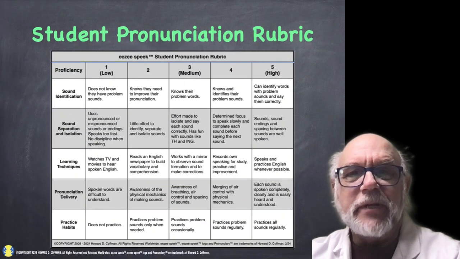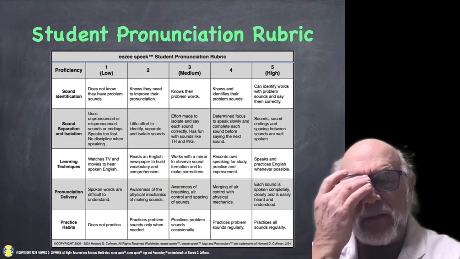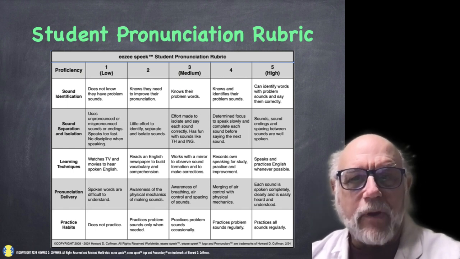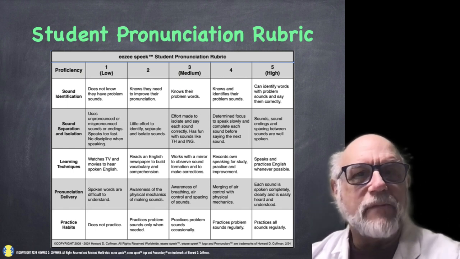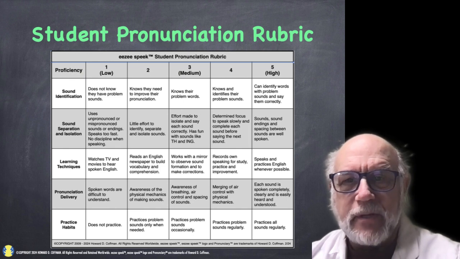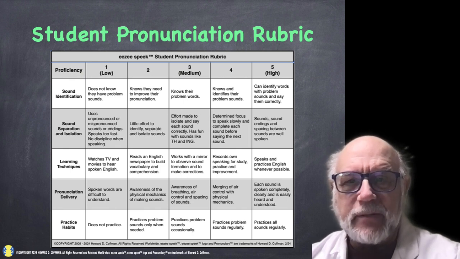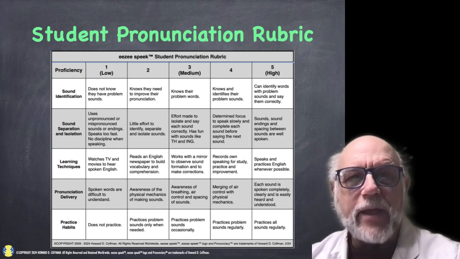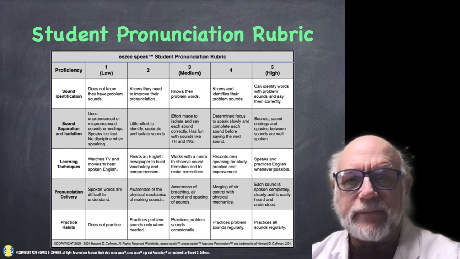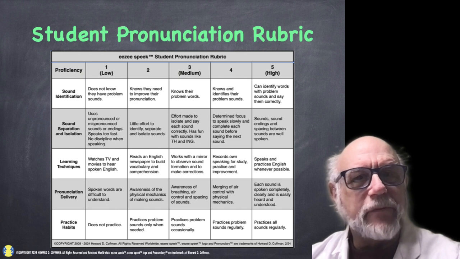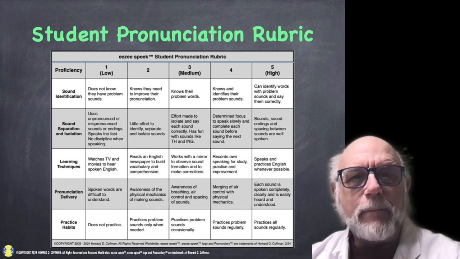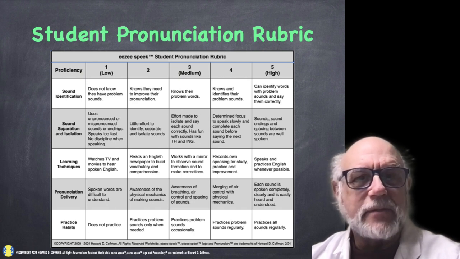The first thing you need to know is that the left side has 5 categories: sound identification, sound separation and isolation, learning techniques, pronunciation delivery, and practice habits.